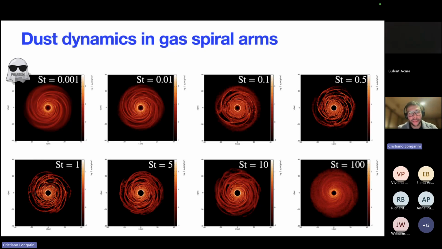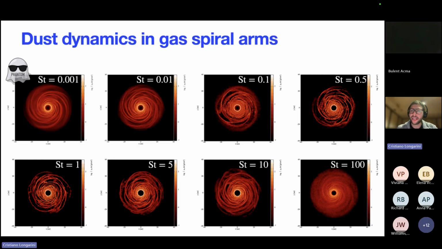And here in this slide, you can see the morphology of the dust density for these different Stokes numbers. In particular, you can see that for very low Stokes numbers, so Stokes of 10^-3, dust density is basically tracing the gas density. So dust and gas are behaving in the same way, and there are no particularly interesting phenomena happening there.